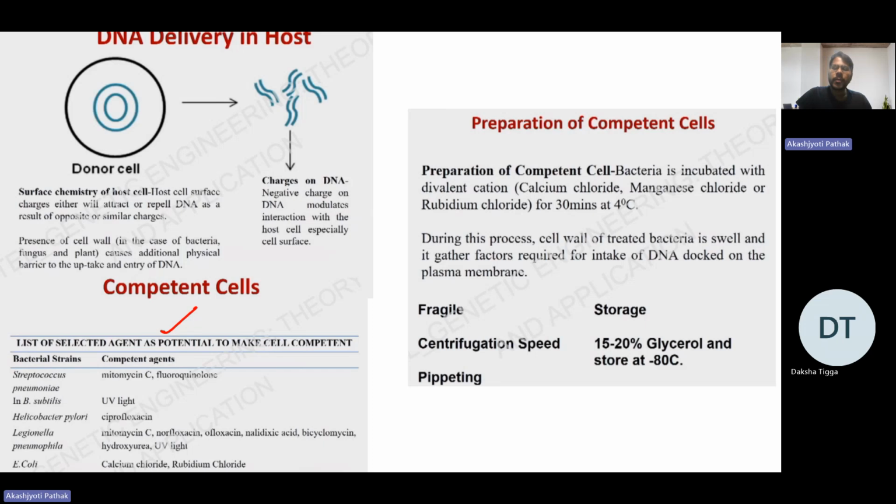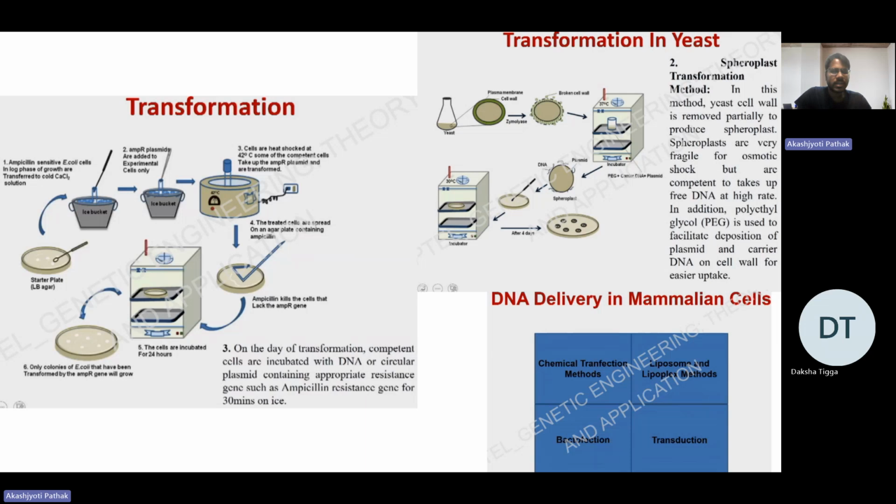But for bacterial cells, how do you prepare competent cells? You do the heat shock method. First, you treat it with calcium chloride, and as a result pores are created, and then you do heat shock so that the plasmid can be taken up within the cell. We discussed these steps in detail.